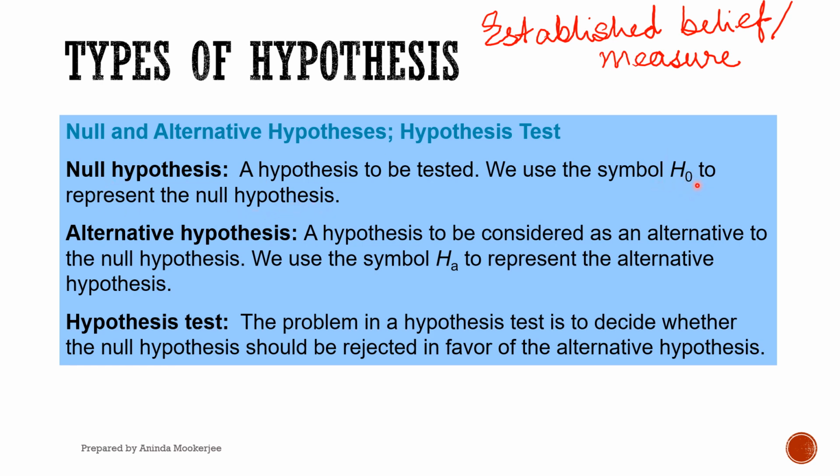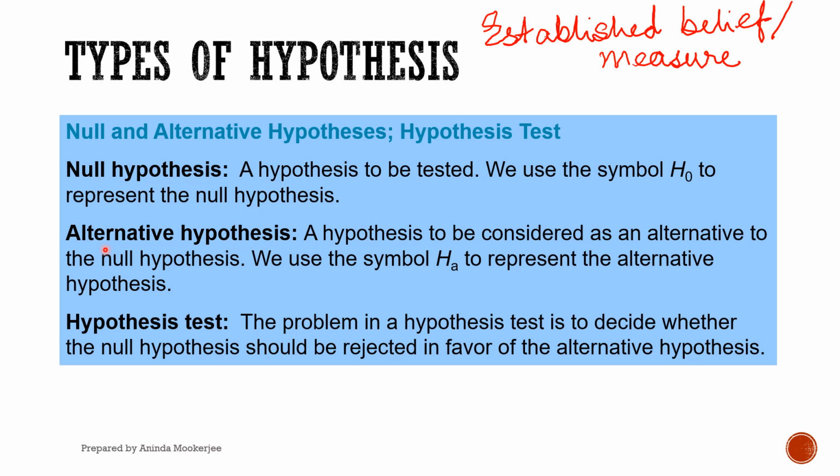So the 0 in the subscript of H stands for null. All right. And the null hypothesis is the established truth. It is the established belief. It holds the population mean, perhaps, which has been there, which has survived for a long time.